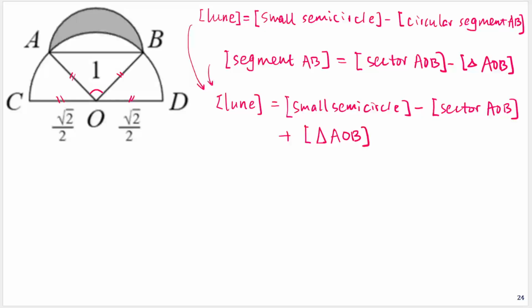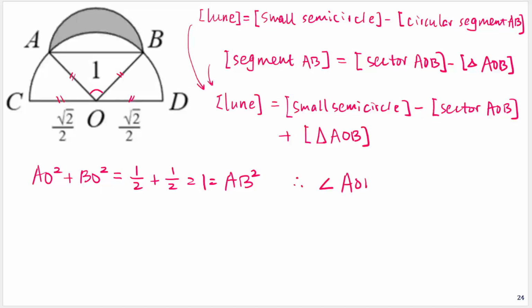So we check and see if that is indeed true. We have AO squared plus BO squared equals 1/2 plus 1/2, which equals 1, which equals AB squared, right? So according to Pythagoras theorem, we know that angle AOB must equal 90 degrees, right?